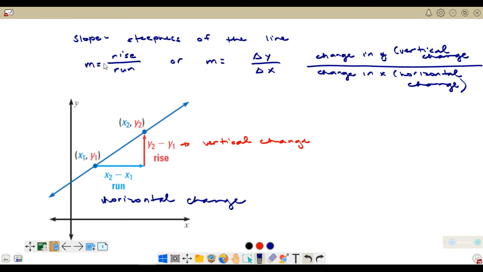Now, for the whole slope, you are going to compute for the units na nag-rise siya at saka sa units na nag-run siya using this formula. So, the rise is y sub 2 minus y sub 1, meaning for the slope m, ang formula natin ay y sub 2 minus y sub 1, tapos sa baba, x sub 2 minus x sub 1.